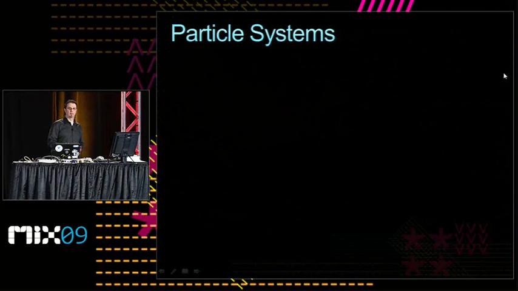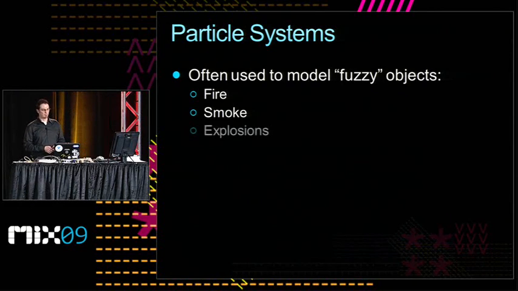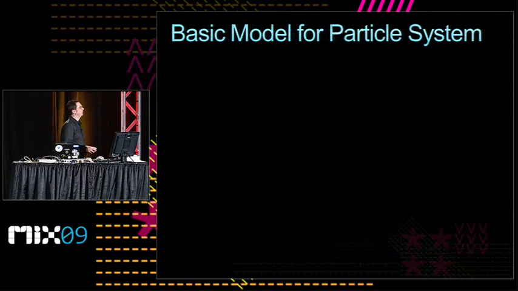The next thing we're going to take a look at is how to create particle systems in Silverlight. Particle systems are often used to model fuzzy objects. So if you're going to see CG movies and you're looking at fire, smoke, explosions, or water, you're probably looking at a particle system. The basic model for a particle system in any of those cases is the same.